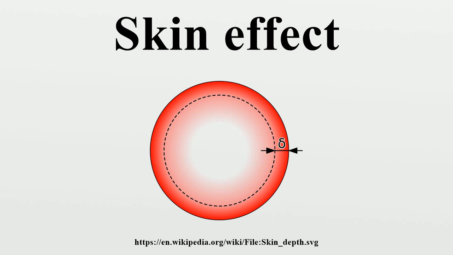Formula: the AC current density J in a conductor decreases exponentially from its value at the surface Js according to the depth d from the surface, as follows, where delta is called the skin depth. The skin depth is thus defined as the depth below the surface of the conductor at which the current density has fallen to 1/e of Js.